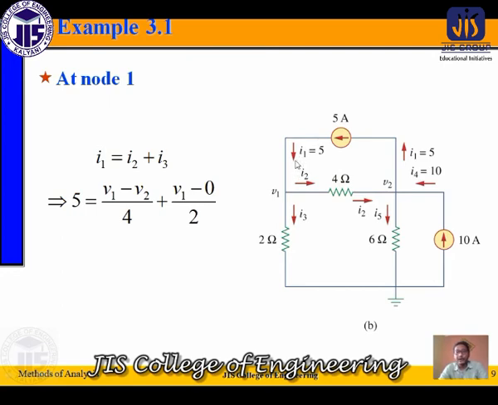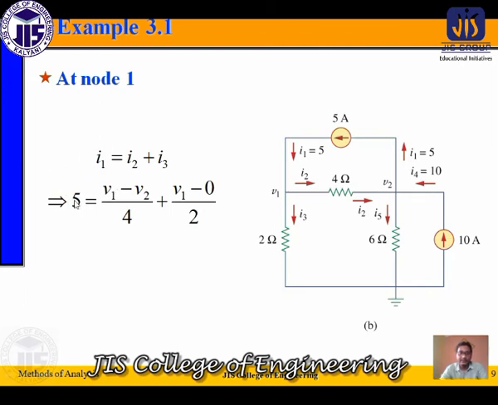We know this I1 current is in the branch consisting of a current source. If any branch consists of a current source, then we have to directly put the value of the current. So we can say that I1 current is nothing but the value of 5 ampere.